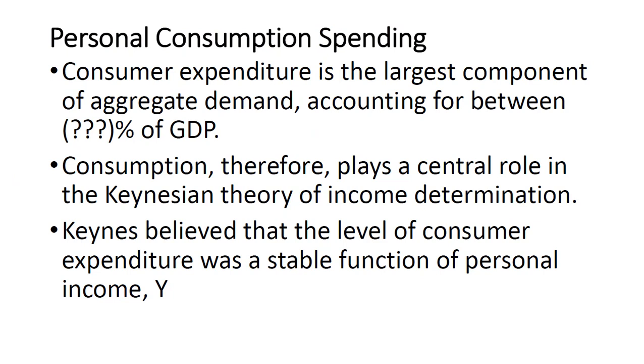So, in this simple economy, John Maynard Keynes believes that consumer spending, that is the expenditure we make on buying goods, in the economy as a whole, is a function of personal income. Why? Since if you sum all the personal incomes, then you arrive at the national income.